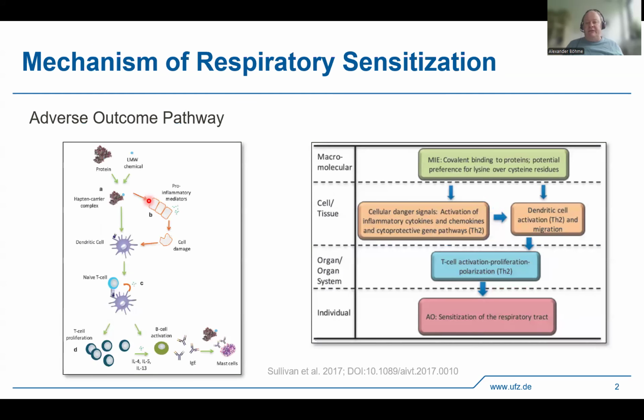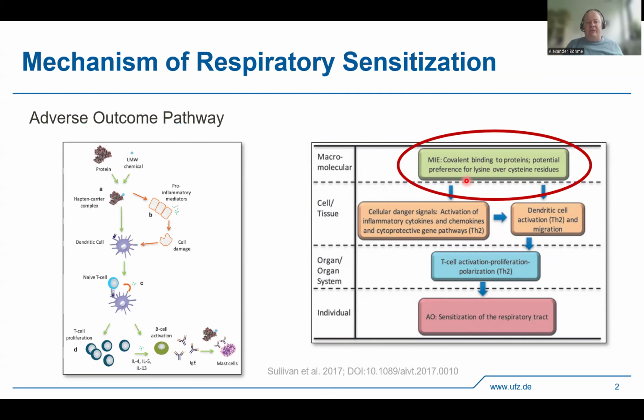Our assay addresses the first step of the adverse outcome pathway of respiratory sensitization, which is the covalent binding to proteins. And here it is important that respiratory sensitizers are expected to prefer lysine residues of peptides, or in other words, they preferentially react with amino groups.